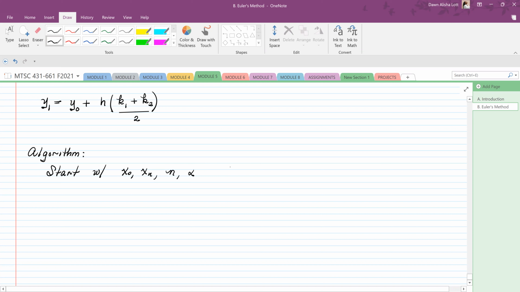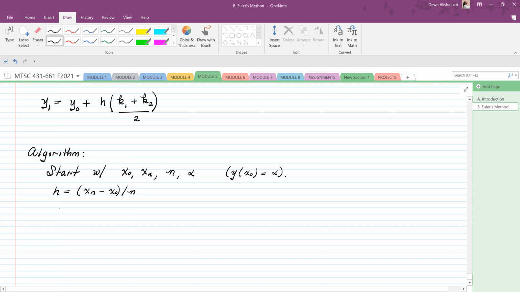Here, y of x naught is equal to alpha. So we choose h, which is then going to be xn minus x naught over n.